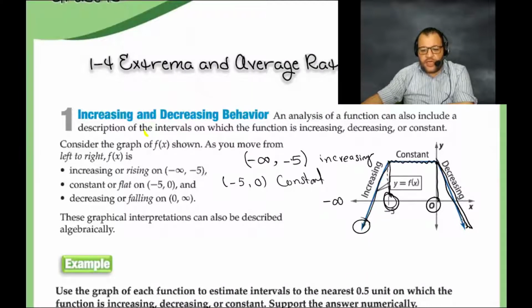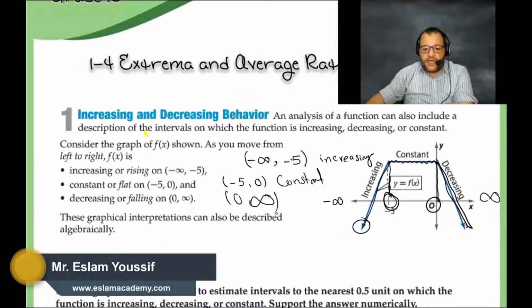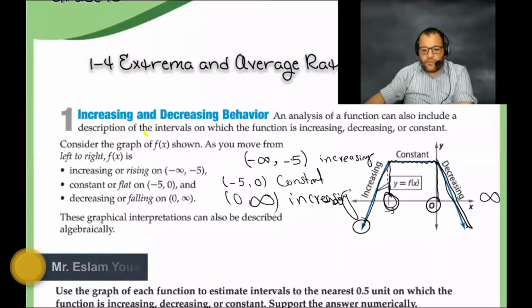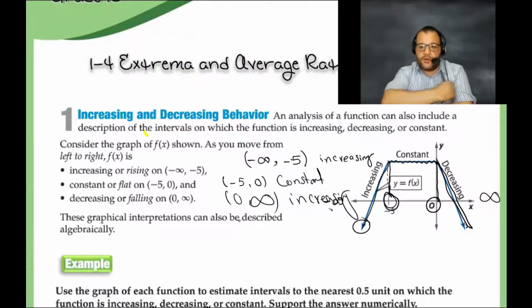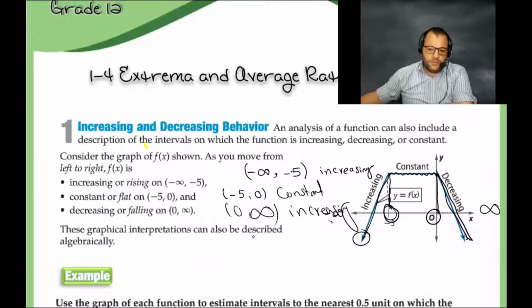If you look at the graph, the graph is going to the right, it means going to positive infinity. So from 0 to positive infinity we have, any problem for this one? Do you know how we can read the graph now? Wait, the last one, is it increasing or decreasing? It's going down. Sorry, this one is decreasing, not increasing.